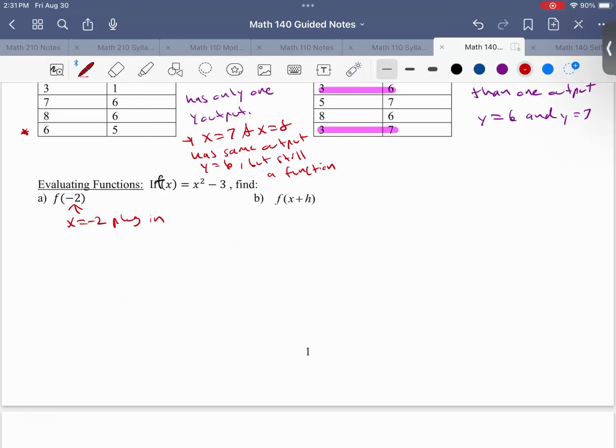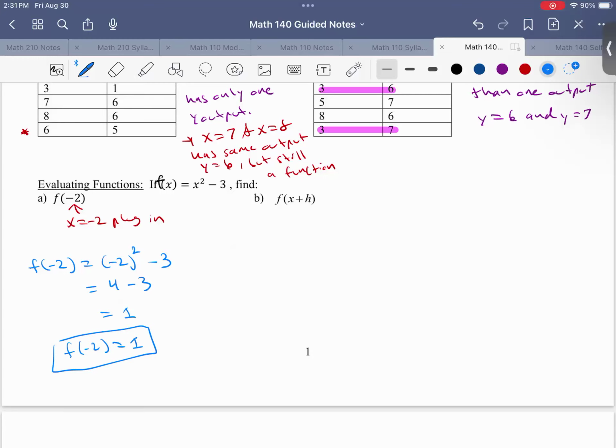So this becomes f of -2, plugging in -2 where that x is. Then it's just a matter of algebra. -2 squared is 4 minus 3, and that equals 1. So f of -2 equals 1. We found the output when x is -2.